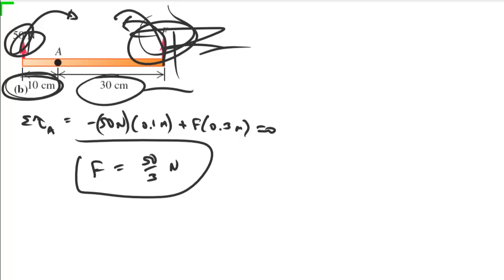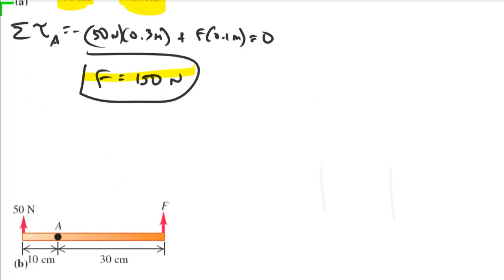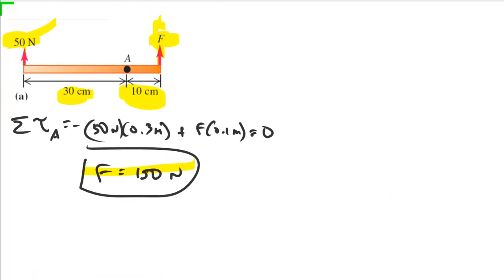I just realized, though, that this exercise actually asks us for another little piece of information as well. It said find F to make it in rotational equilibrium, but then also determine if the object is in translational equilibrium as well. So we want to determine if it's in translational equilibrium.